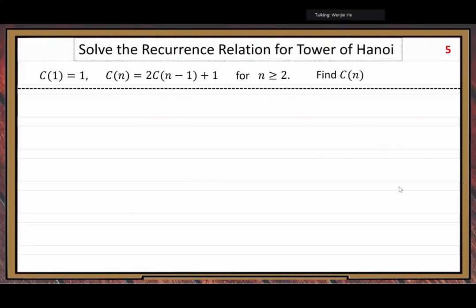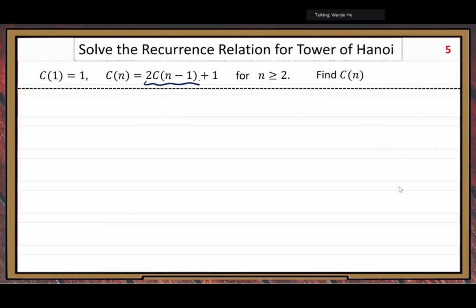Now, the goal is to find the formula for capital C of n. This is a first order recurrence relation. Why first order? Very easy. You just look at the right hand side. You use the term C of n minus 1, one order lower than the left hand side, order n.